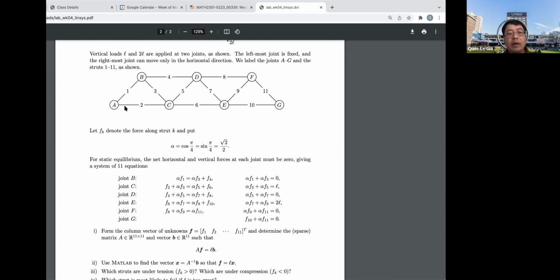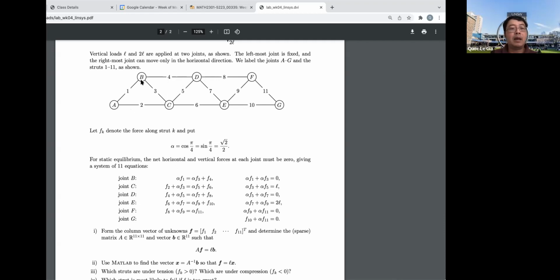Equation 1 and equation 2 have been covered by joint B and joint C already. Does that make sense? We also skip D.